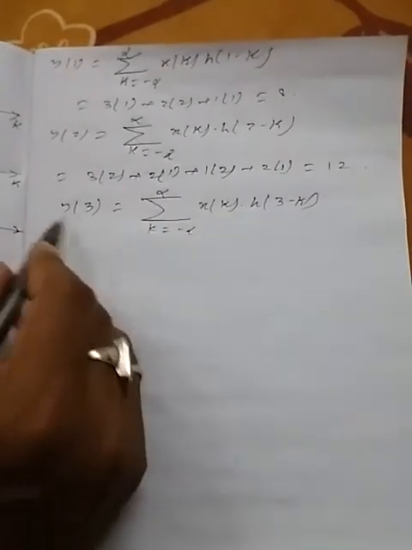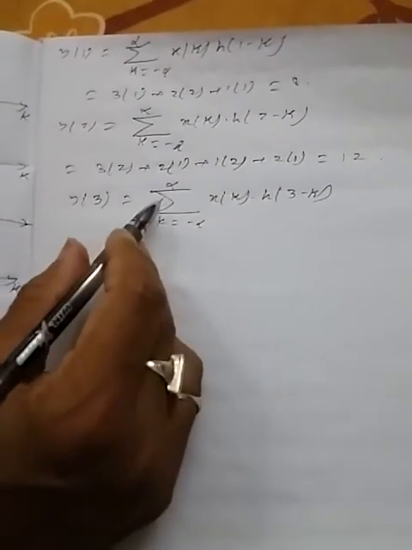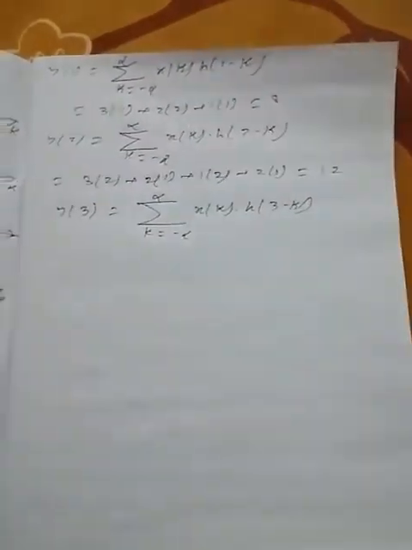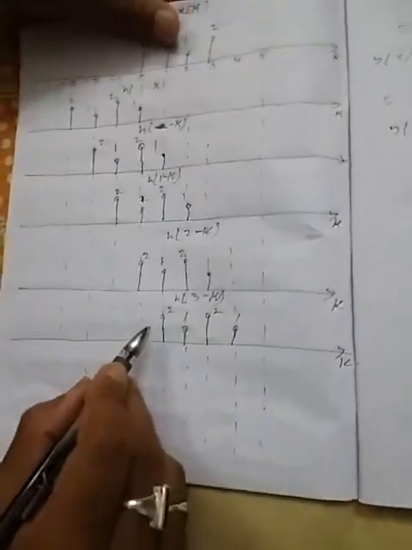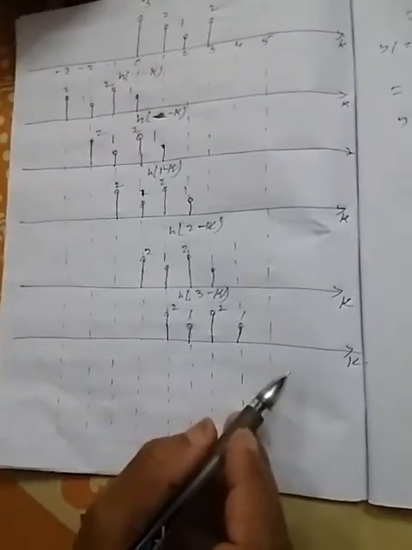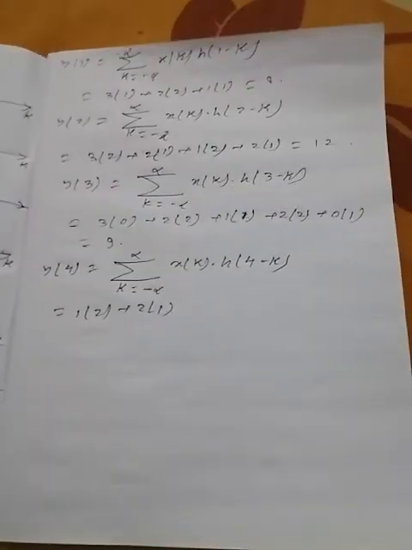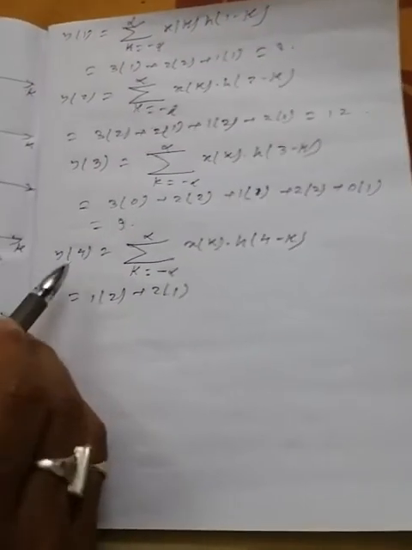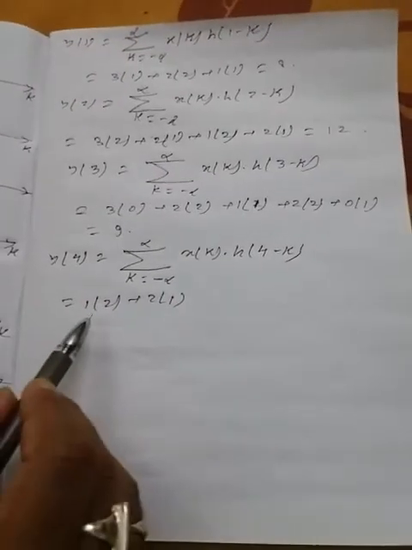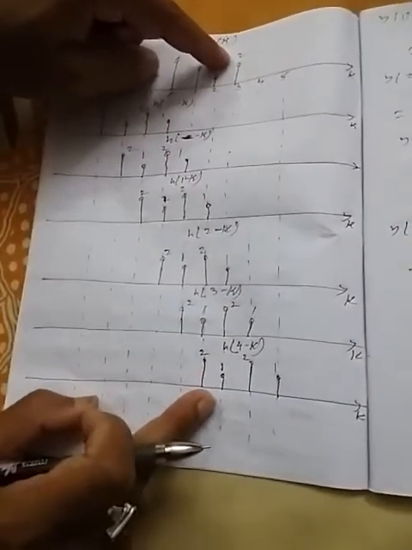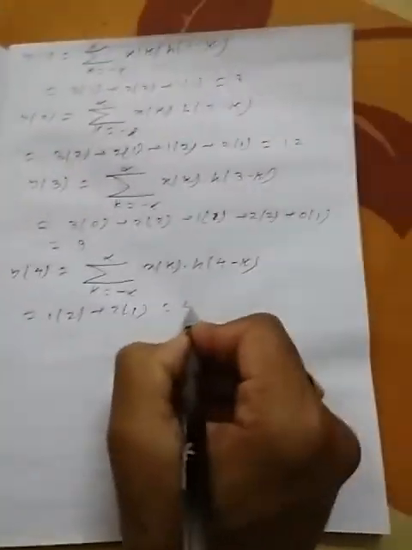So y3 will be equal to summation k equal to minus infinity x of k h of 3 minus k. Here the graph of h of 3 minus k is this. Okay, so the value is 9. Okay, in the similar way we can find y4 equal to this. So here 1 into 2 plus 2 into 1, so it makes 4, right?